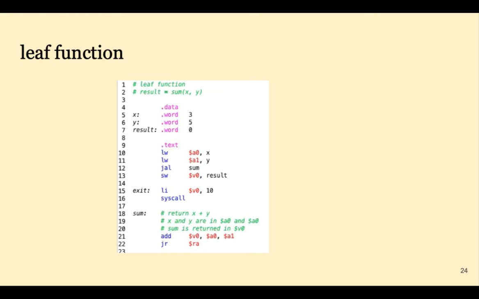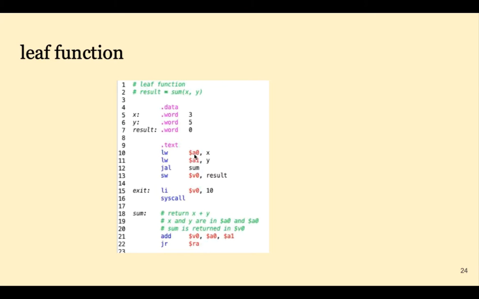Let's look at a simple function in MIPS. A leaf function is a function that doesn't call any other function and doesn't call itself recursively, so it's the simplest type of function. We see the function code here down below our main program, below our exit. Some documentation at the top of the function explains what it does. Let's look at the calling code first.